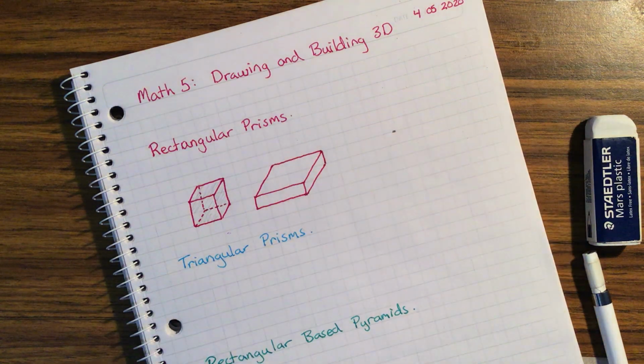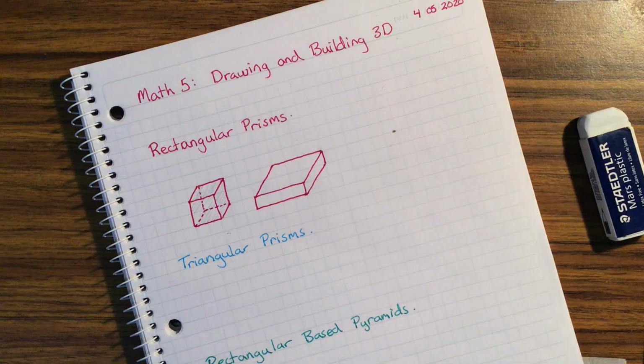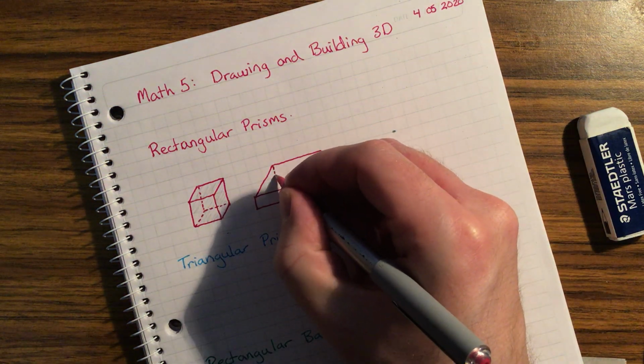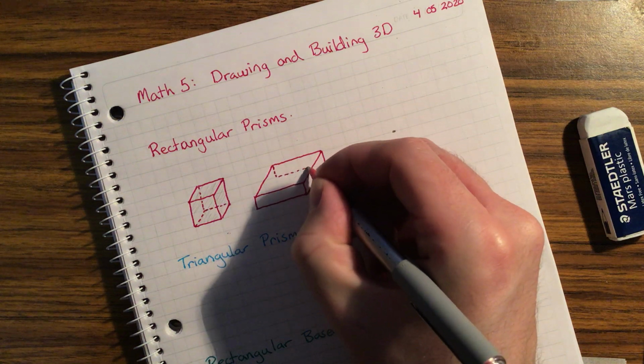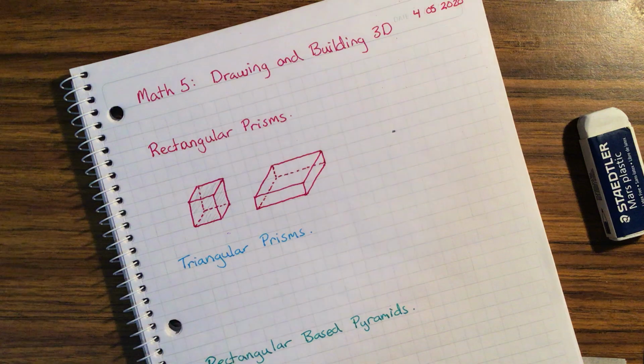Now I try to keep everything on my grid line so that it's easy for me to work with. Now you can see I've got my top, my front, and my right side faces. If I want to show the edges in the back, I do dashed lines. Those are 2 rectangular prisms that were pretty easy to draw.